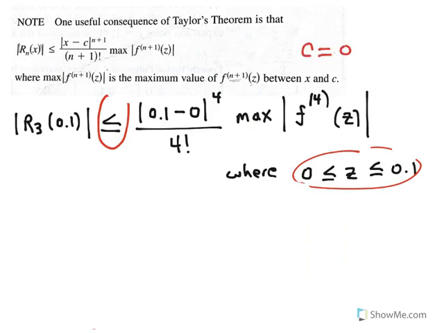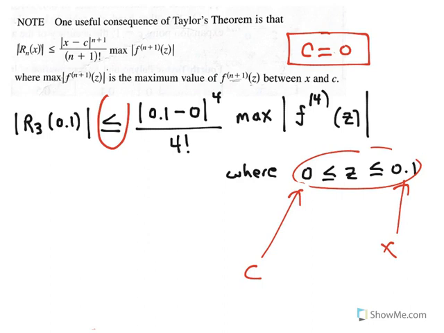In our problem, c is equal to 0 because our Taylor polynomial is centered at 0, and x is equal to 0.1 because that is the x value at which we want to approximate the function f, by evaluating our third degree Taylor polynomial at the x value of 0.1.